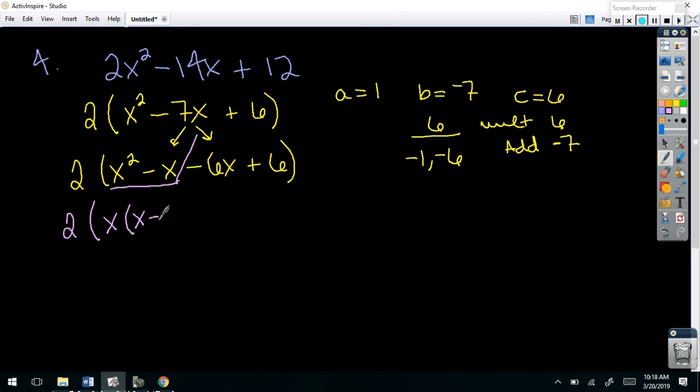Yes. Okay. Middle sign is minus. What does that tell me? Change this one to minus. When the middle is minus, change the last. So, 6x and 6.